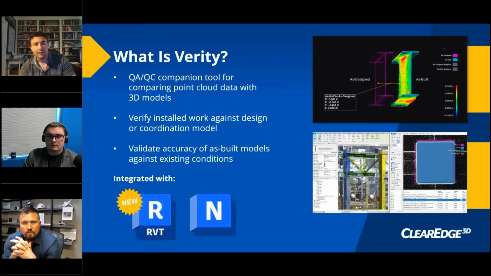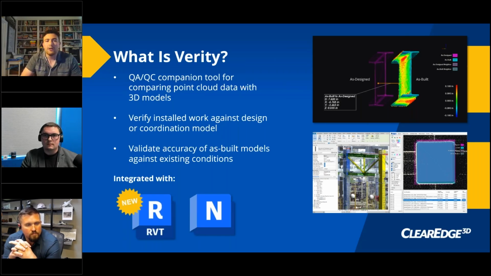And then for that, this is the solution that Clearedge 3D, seeing that there is an issue in this market, proposes, and that is Verity. So what is Verity? Verity is a companion tool for either Navisworks or the brand new Autodesk Revit. What Verity allows you to do is compare any kind of geometry to the point cloud.